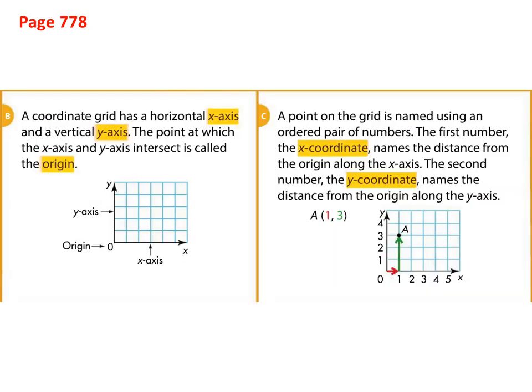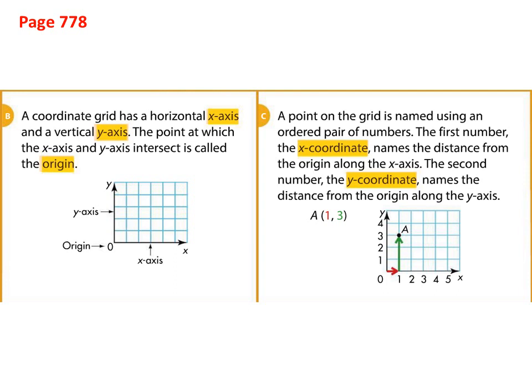Now page 778. As I said, in the coordinate grid we have a horizontal line called the x-axis, and the vertical line is called the y-axis.